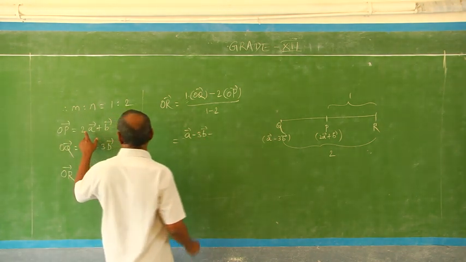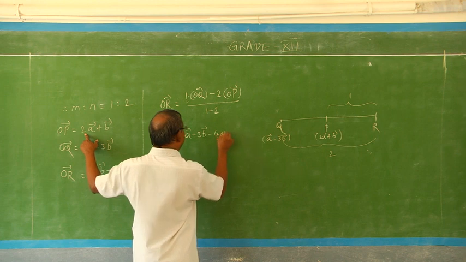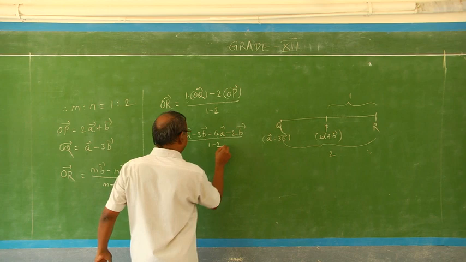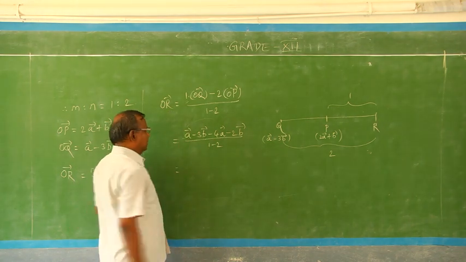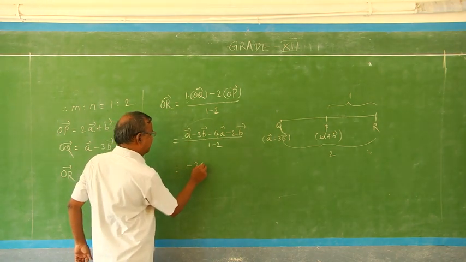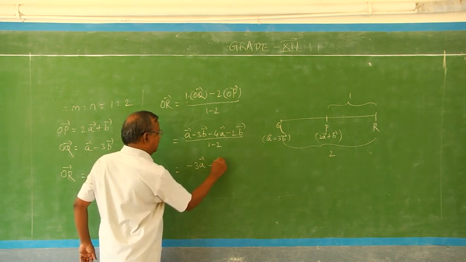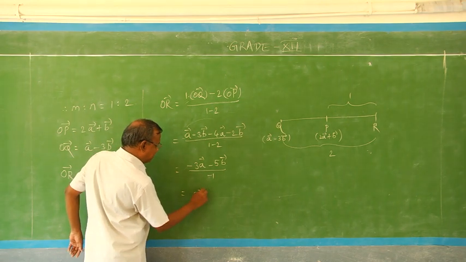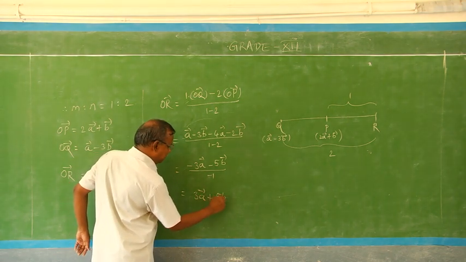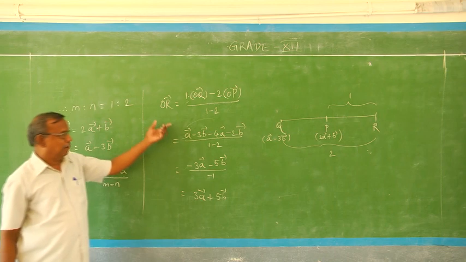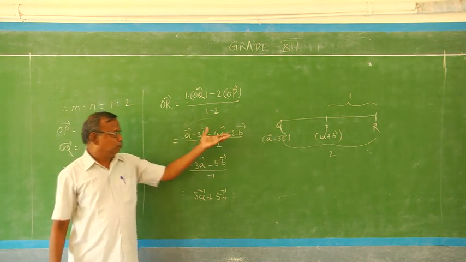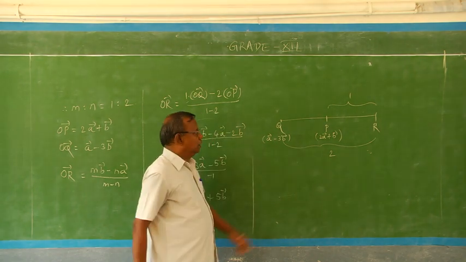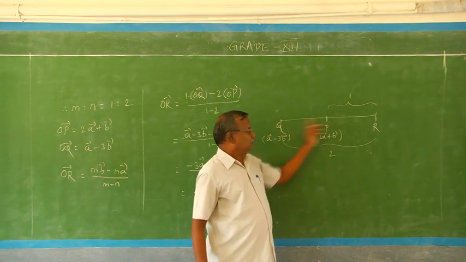So minus 2 multiplied by 2a plus b gives minus 4a vector minus 2b vector, divided by 1 minus 2, which is equal to minus 3a vector minus 5b vector divided by minus 1, which gives 3a vector plus 5b vector. So this is the position vector of R which divides the line joining the 2 points externally in the ratio 1:2.